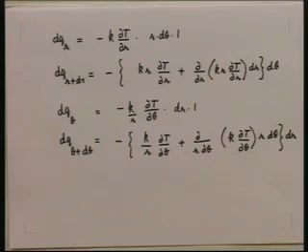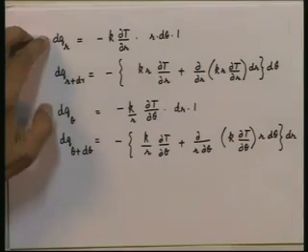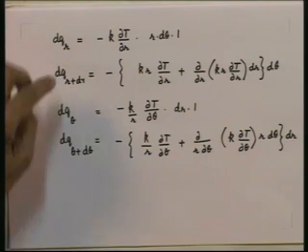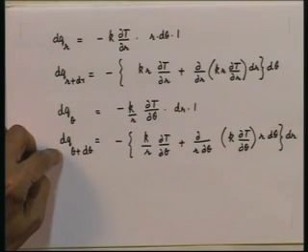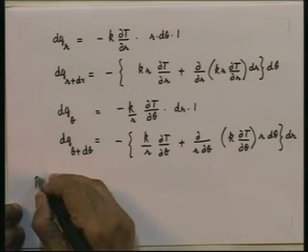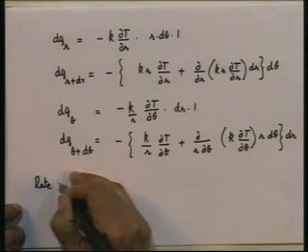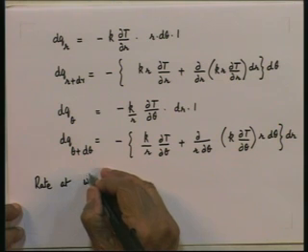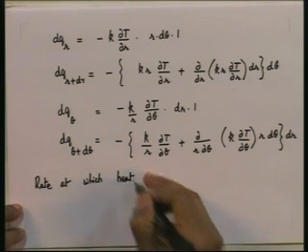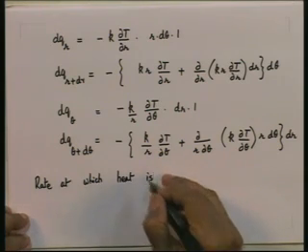Now, therefore, the rate at which heat is being conducted into the element will be dqr plus dq theta minus dqr plus dr minus dq theta plus d theta. And if you do all that, you will get the rate at which heat is conducted into the element will be equal to.